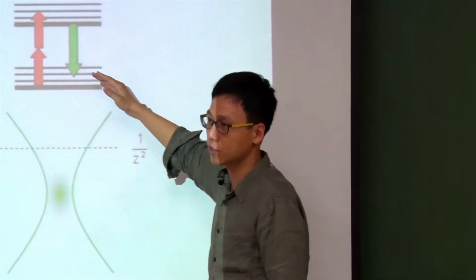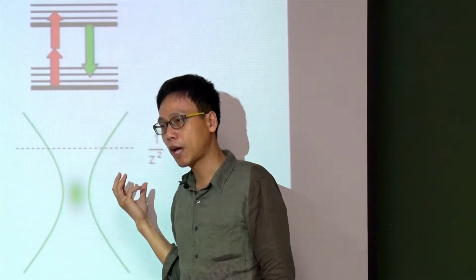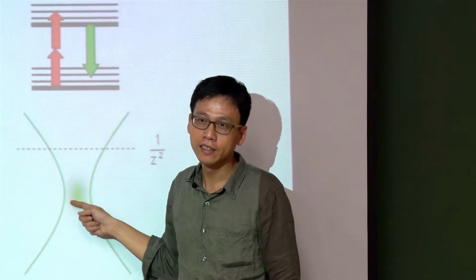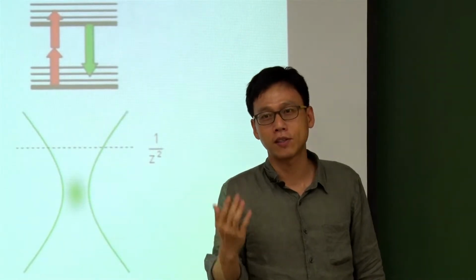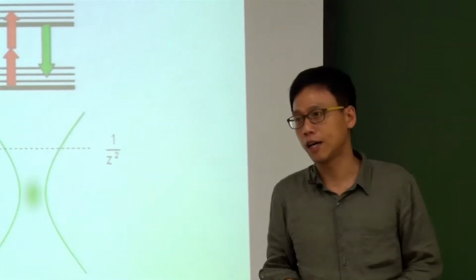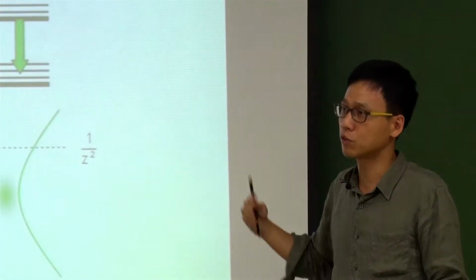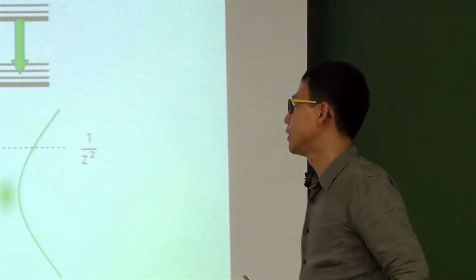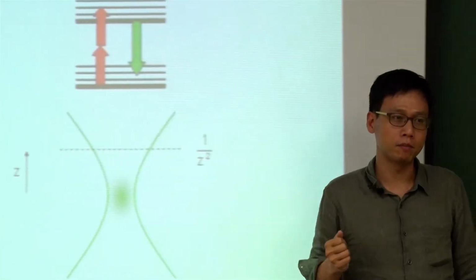And this excitation scheme is permitted. So if you use a detector, if you capture any emitted photon, it must come from this small area. No here, no here, okay? So you can have depth sectioning by two-photon excitation. And you can generalize the scheme to 3-photon excitation or 4-photon excitation and so on. The idea is very similar. Okay, so that's why if you use femtosecond lasers, you can have depth sectioning in microscopy.